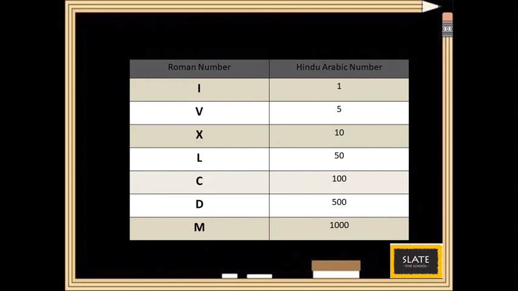For Roman number I, Hindu-Arabic number will be 1. And for Roman number V, it denotes 5 in Hindu-Arabic number. For Roman number X, it is 10 in Hindu-Arabic number. The same way, L denotes 50, C denotes 100, D represents 500 and M represents 1000.